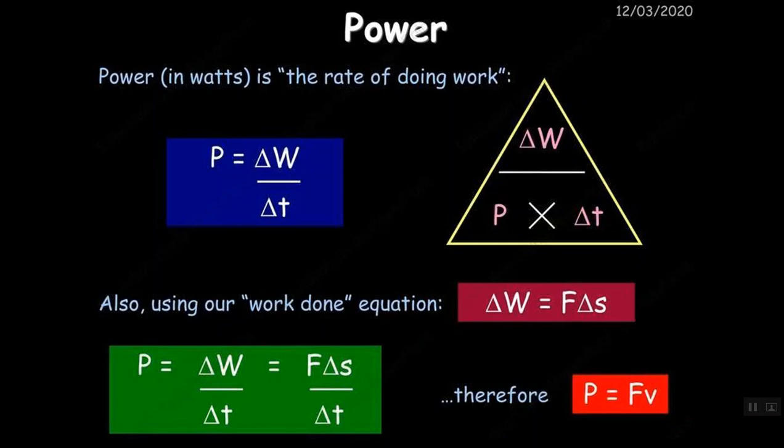Only at this case of zero acceleration or at a specific moment. If the velocity has a certain amount at a specific instance and we know the force of the engine of the car, for example, we can calculate its power.